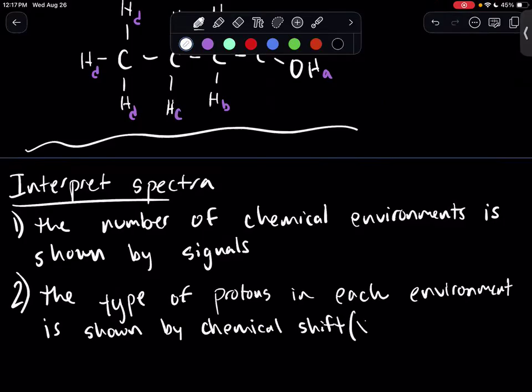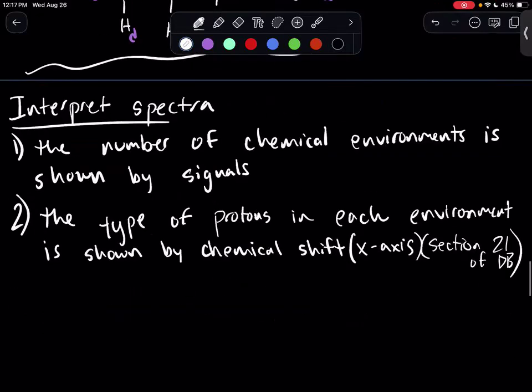This is specifically our x-axis. So when you look at your x-axis, that's our chemical shift, and it is measured by section 21 of the data booklet. So when you look at your data booklet, this is what you see in section 21. I'll bring that onto the page in just a moment.